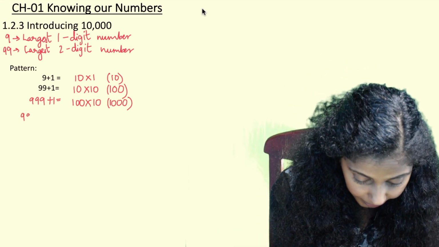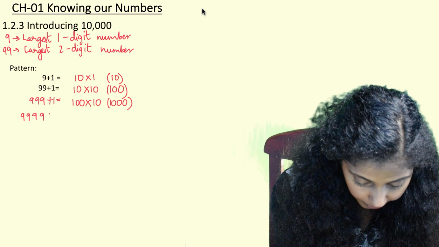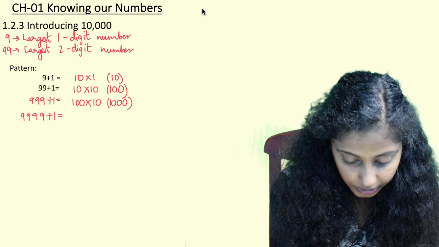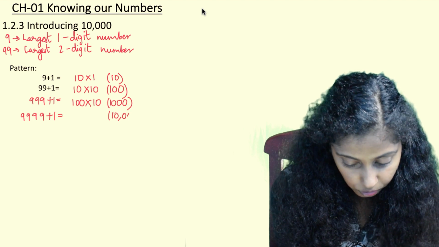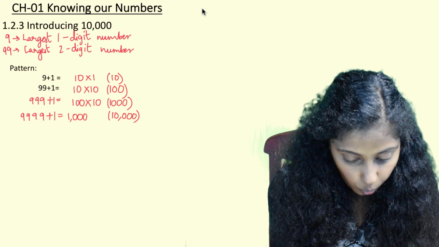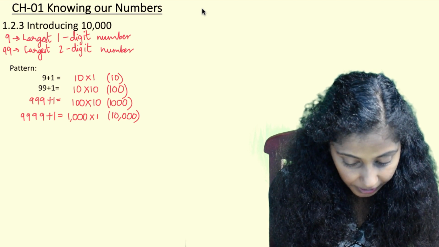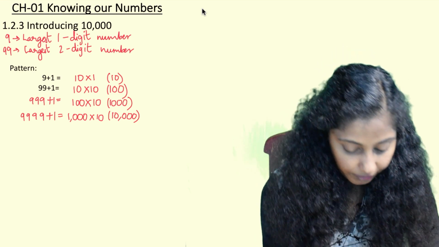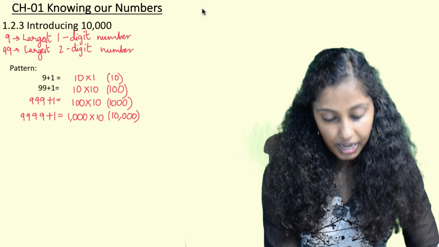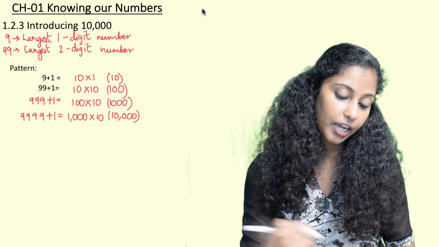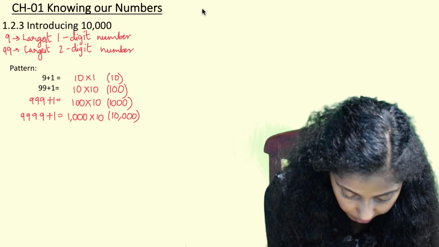Now if I write 9999, if I add 1 to it, then I will get 10,000. And this 10,000 can also be written as 1000 multiplied by 10. So here we can see that whenever 1 is added to the largest number of a given digit count, we get the smallest number with the next digit count.